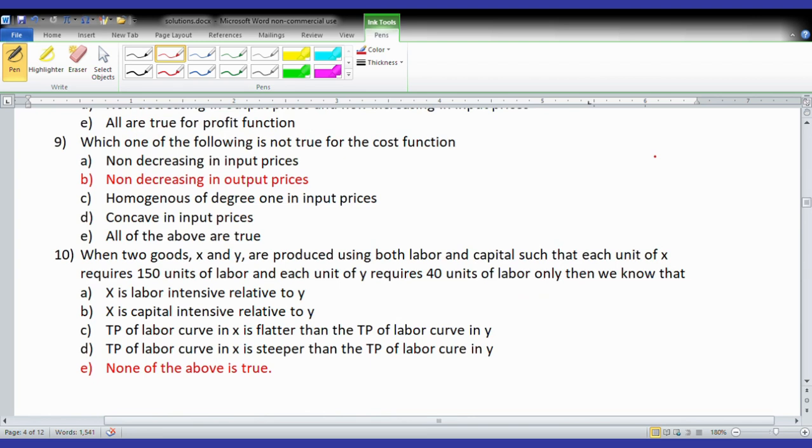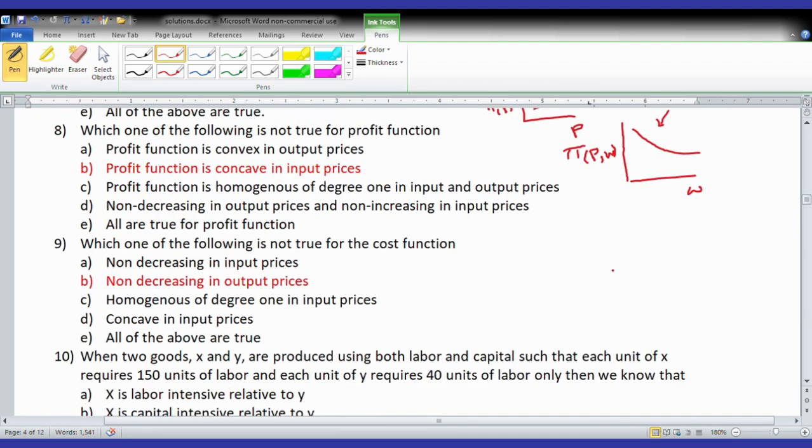where is that question? Yeah, it is. We had this isocost and isoquant, and cost functions were associated with these tangency points, and we have labor here and capital, and side by side we have W over R. So see that there is no mention of output price.